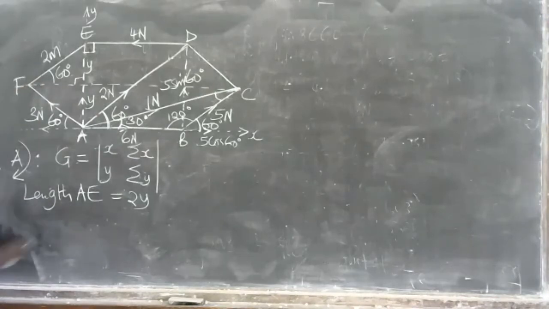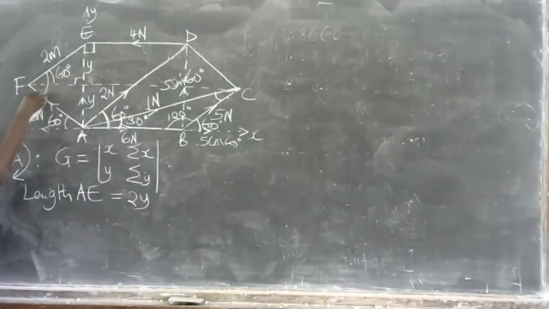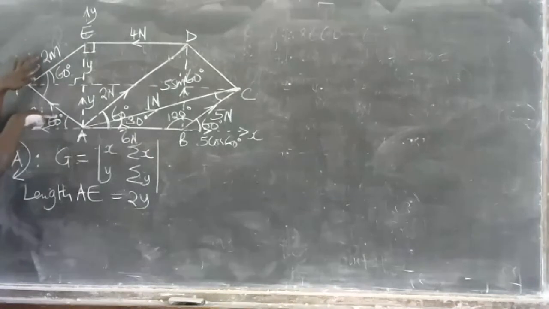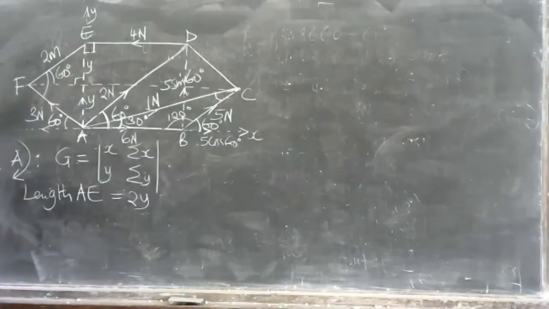To get length AE, you can use the cosine rule with 120 degrees here, because you have 2 and 2 meters here. We don't use forces; we use the dimensions, the 2 meters and the 2 meters, to find length AE. Or you can get distance y, which is half of it, and then multiply it by 2.